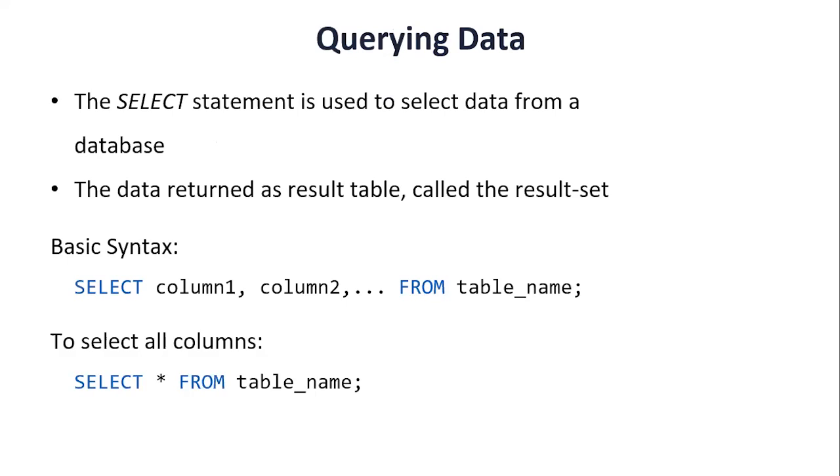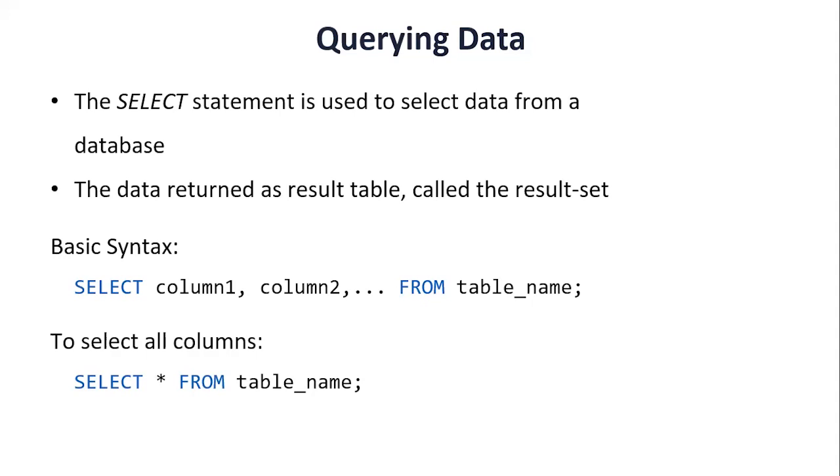And then let's see how to query data or get data from the database. For that, we have another keyword or a command called select. So the basic syntax is we start with the select command, then we can specify which columns we want to get, followed by keyword from and the table name that we want to get data from.